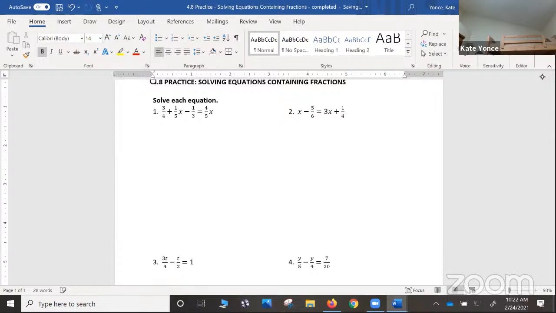15 times 3 equals 45, plus 12 times 1 is 12x, minus 20 times 1 is 20, equals 12 times 4 is 48x.